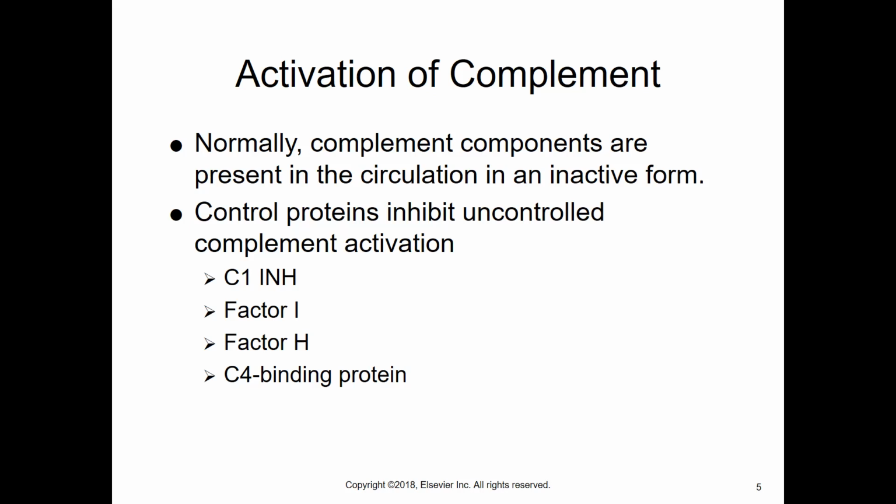This converts the enzyme precursor to its catalytically active form by limited proteolysis. The pathways leading to the cleavage of C3 are triggered enzyme cascades. During this activation process, a small peptide fragment is cleaved and then a membrane binding site is exposed.